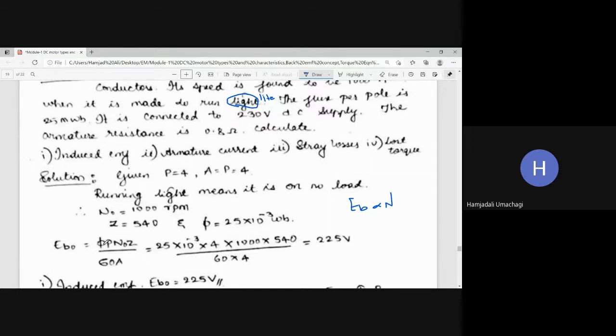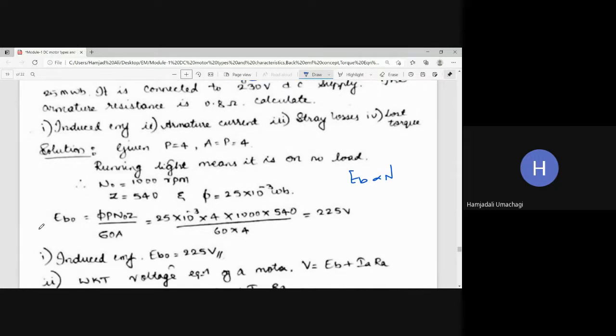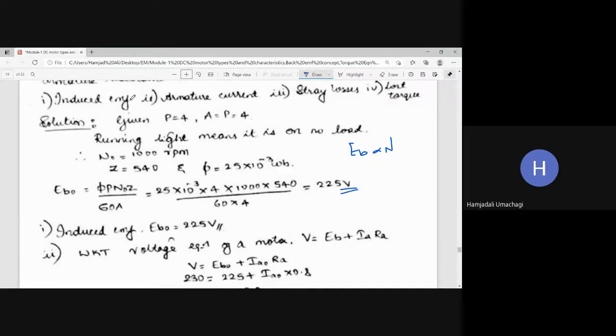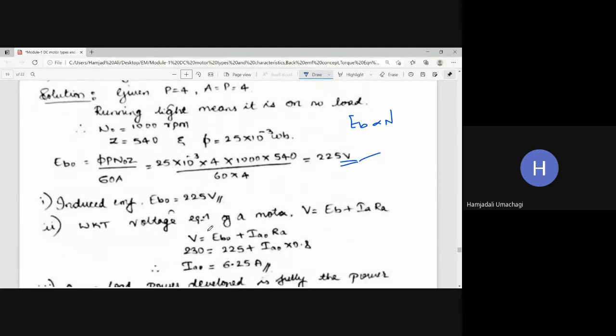Substituting the values: flux 25 into 10 raised to minus 3, poles 4, no load speed 1000, conductors 540, 60, and since it is lap connected, A is equal to P, that is 4. Then you will get the no load induced EMF E_b0 equal to 225 volts. So this is the first parameter, induced EMF, E_b0 equal to 225 volts.